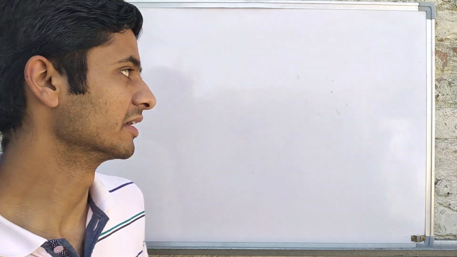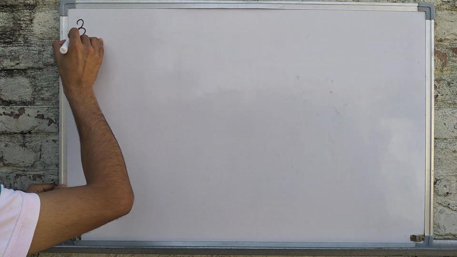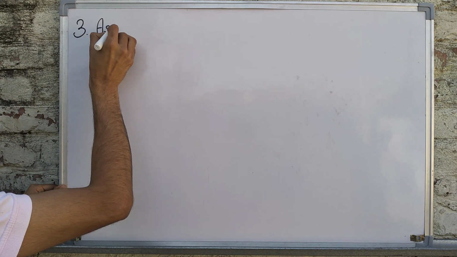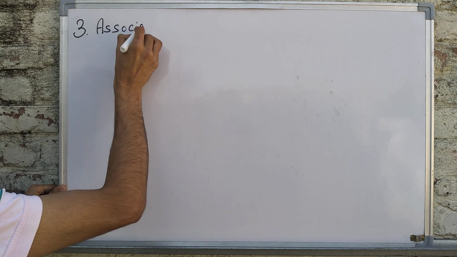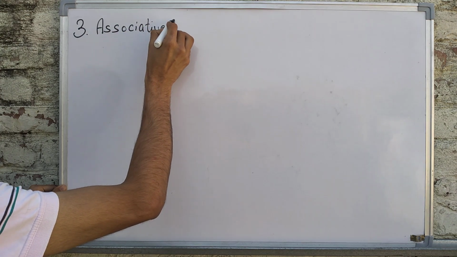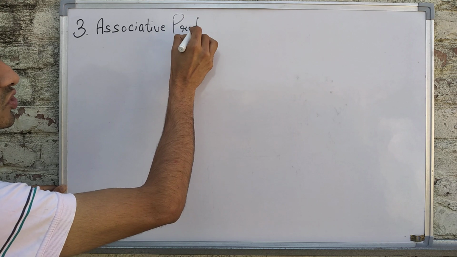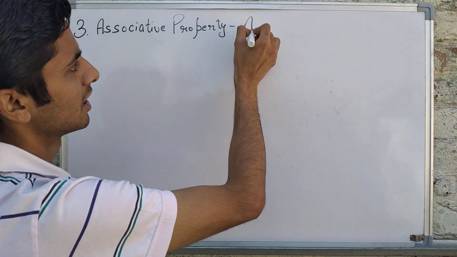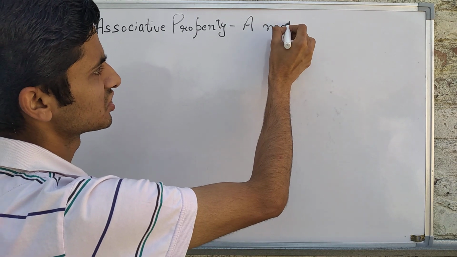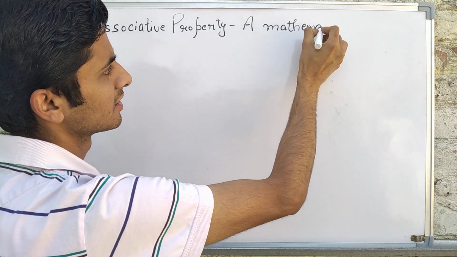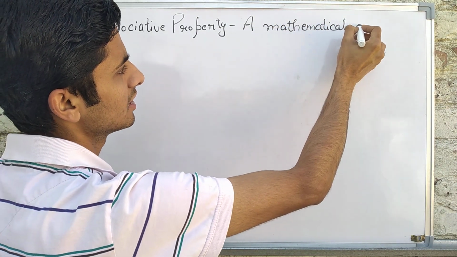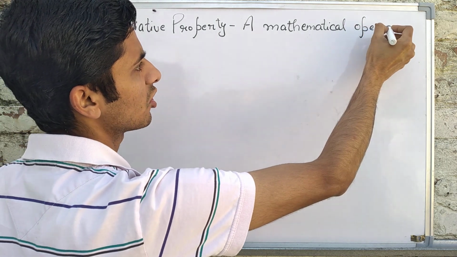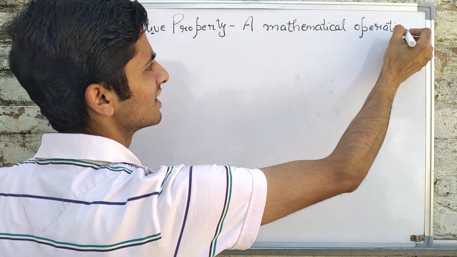So first of all, let us start with associative property. This property also you all have studied in your previous class. What does associative property says? A mathematical operation. What all are mathematical operations?